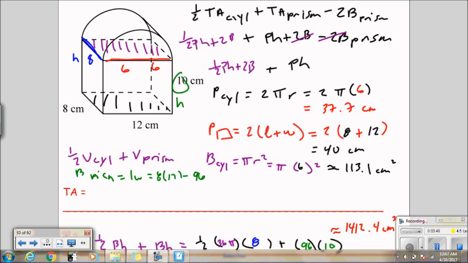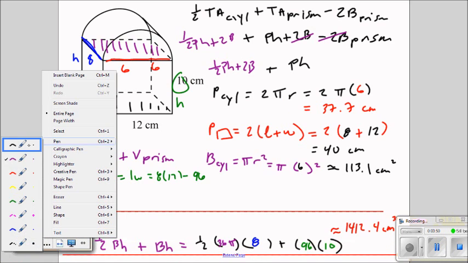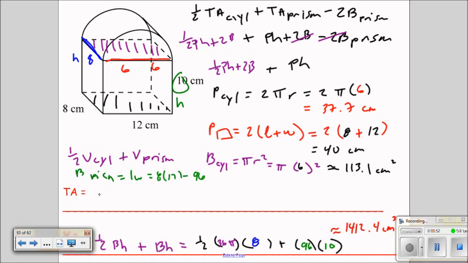Alright, so the correct formula we need, we're going to write it down, is 1/2 perimeter of the cylinder, height of the cylinder, plus the 2 bases of the cylinder, plus the perimeter of the prism times the height of the prism. So let's go ahead and get our formula ready for our substitution.